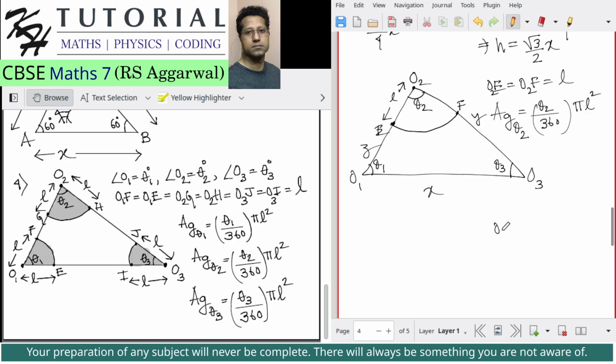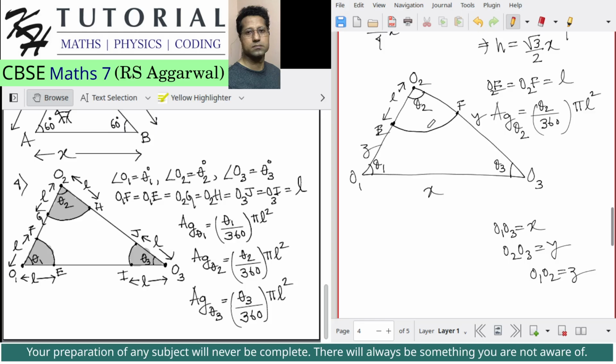That is, let O1 O3 be equal to x, O2 O3 be equal to y, and O1 O2 be equal to z. Now even if the animal is tied at the vertex O2, the length of the rope small l definitely has to be less than z. Then only the maximum area over which the animal can graze will be the sector inside the triangle.